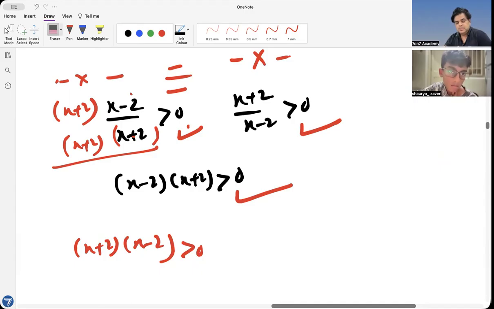That will be the value. How? So see, if it's more than +2, then we'll always get a positive value. If it's less than -2, then also we'll always get a positive value. That's the answer we have to get.